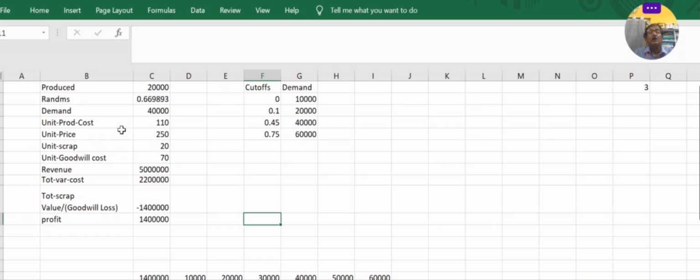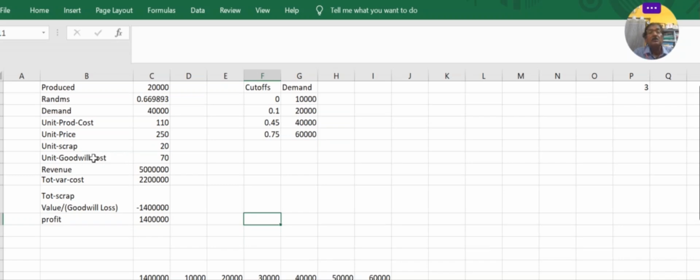If the units produced are less than the demand, then what will happen? If production cannot meet the demand, the customer may go to another organization to purchase the product, and the goodwill of the company may be lost, and in future that customer may not return to this organization.